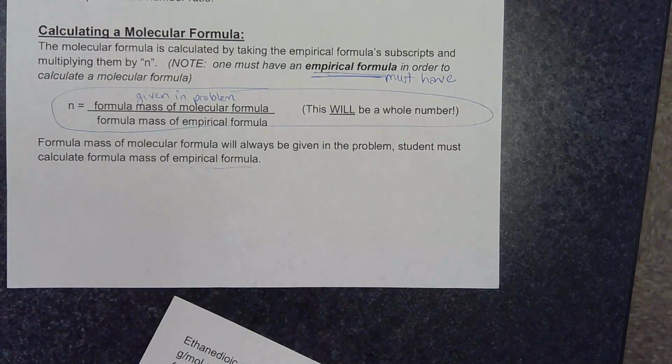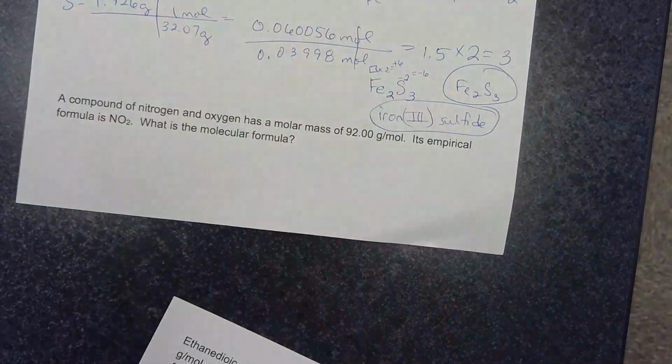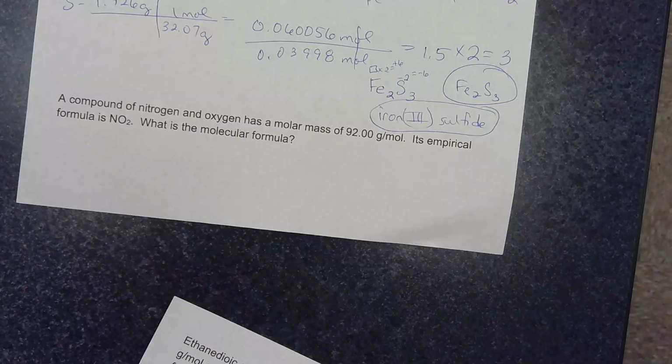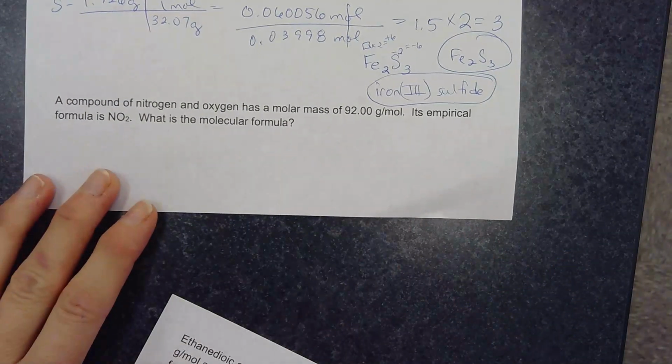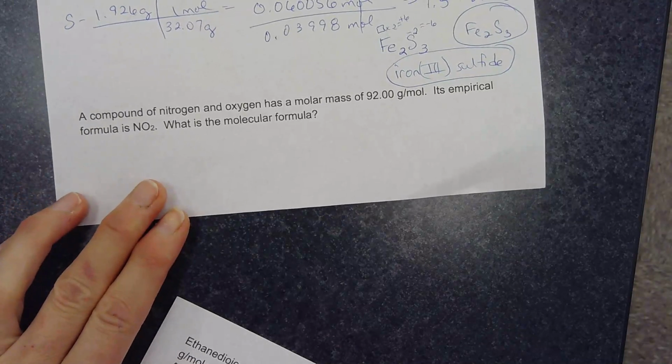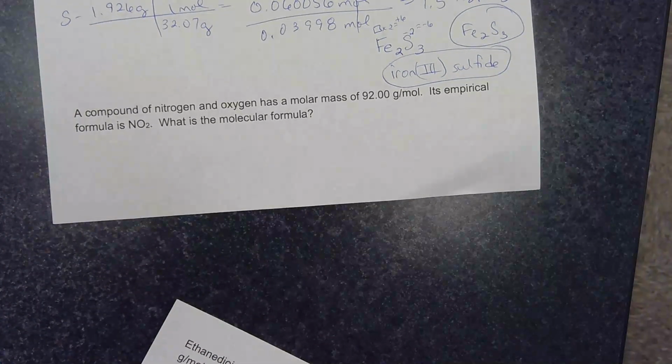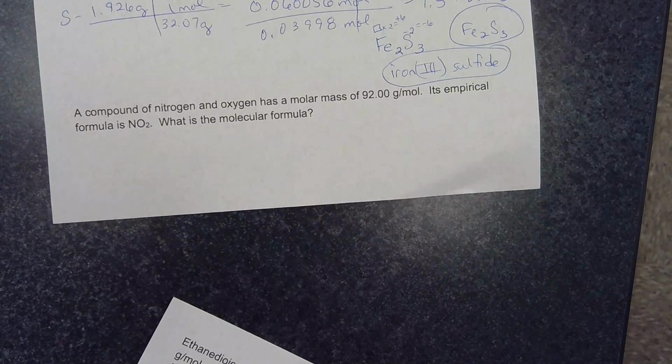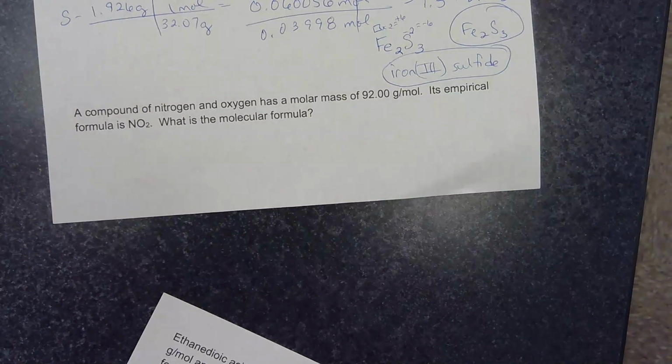All right, so let's go to this problem. A compound of nitrogen and oxygen has a molar mass of 92 grams per mole. What is that number that I just gave you? Mass of which one? Empirical or molecular? Molecular.